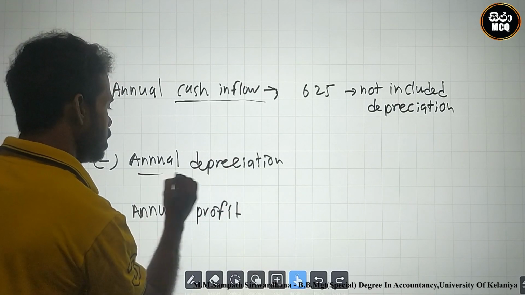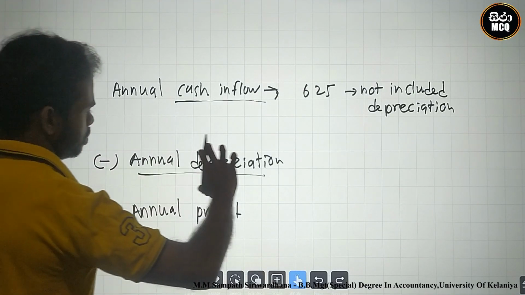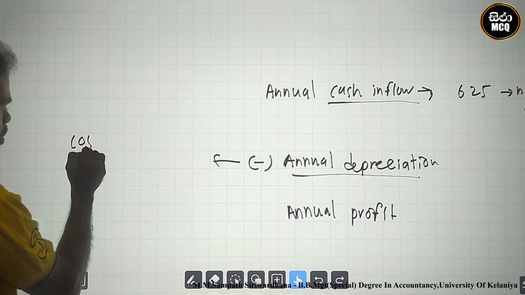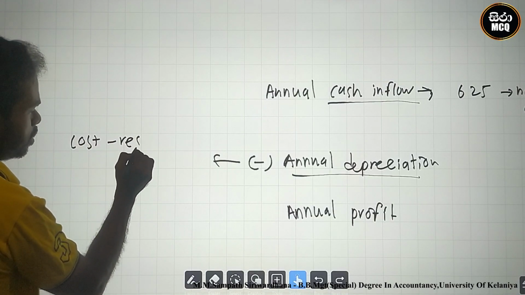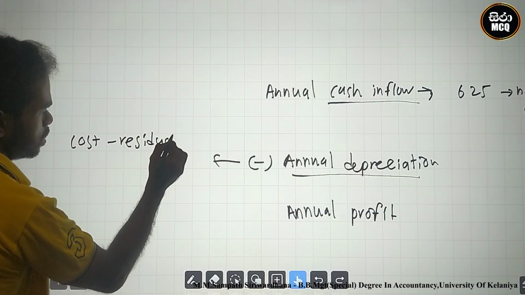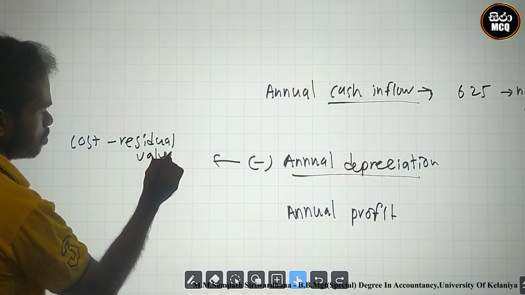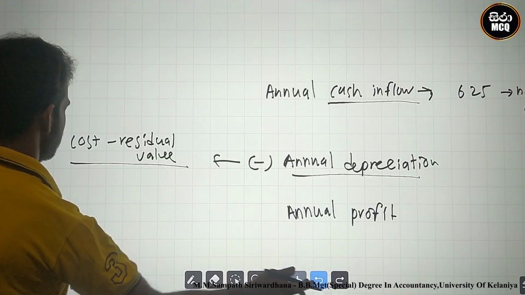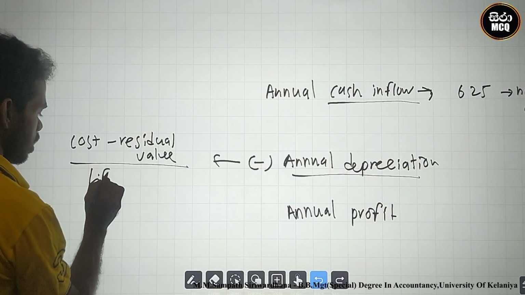How can we calculate annual depreciation? Cost minus residual value, divided by useful lifetime.